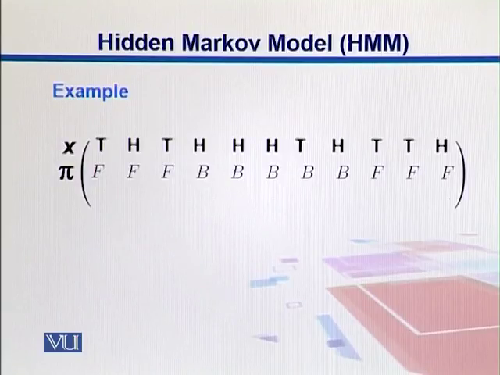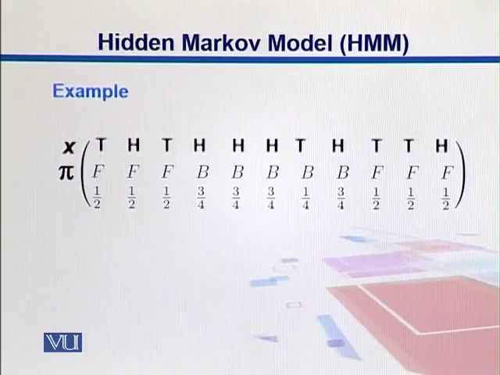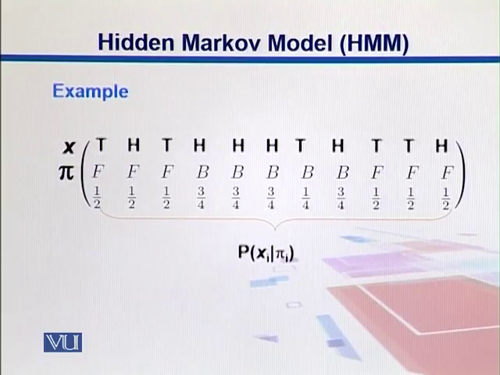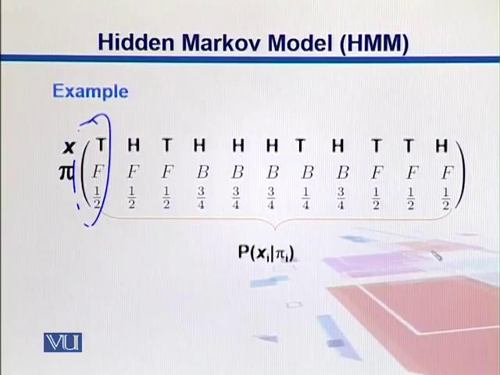Now, what is the probability of a symbol while it's coming from one of these states? That we call P of x_i given pi_i. For example, the probability of having a tail from a fair die is half, whereas the probability of seeing a tail in a biased die is 1 by 4.